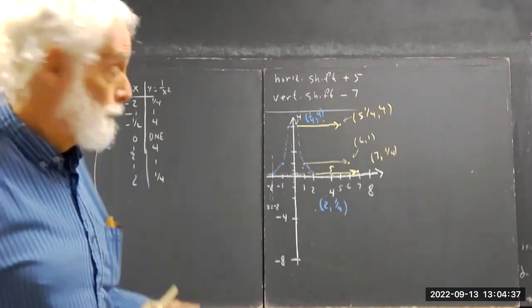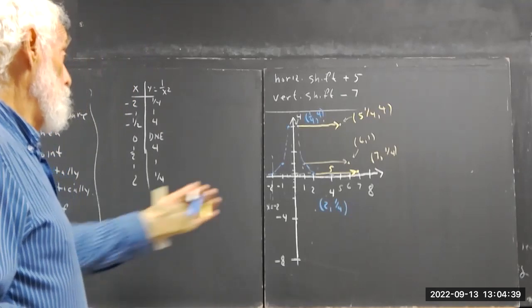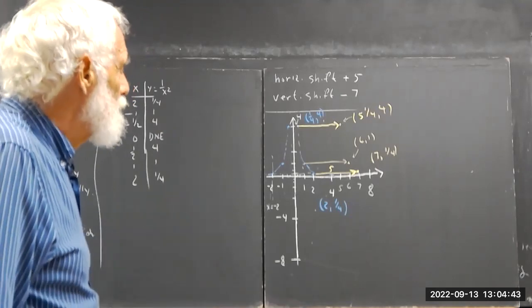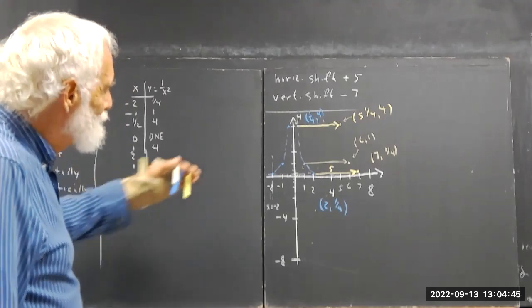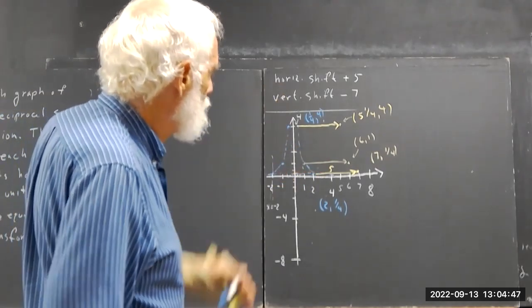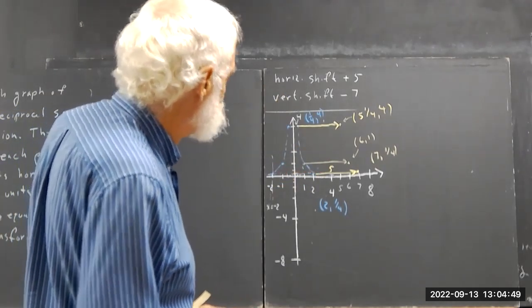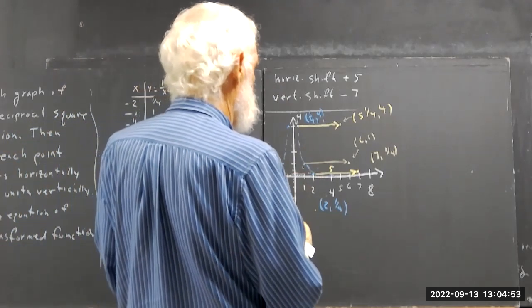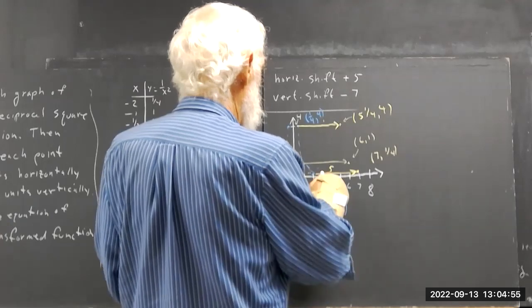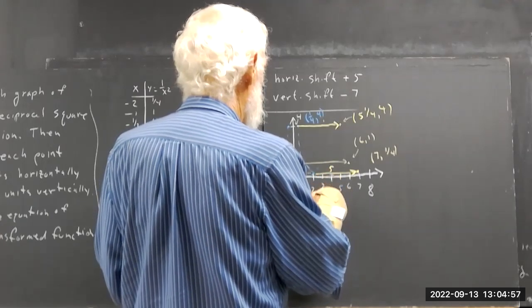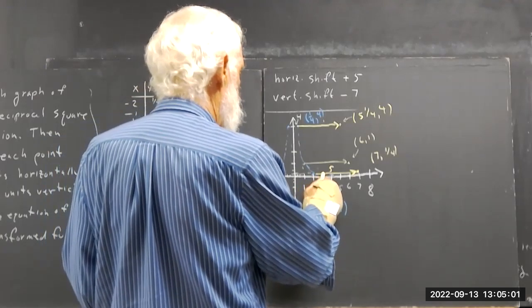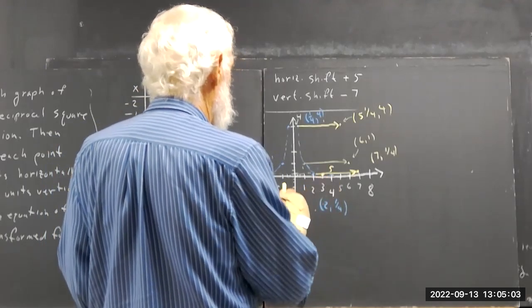Okay. So there are 3 points. Now, moving these 3 points over, well, -2 move over 5 units, go over to x equals 3. So I'm going to get a point here, and I'm not going to indicate transformation.